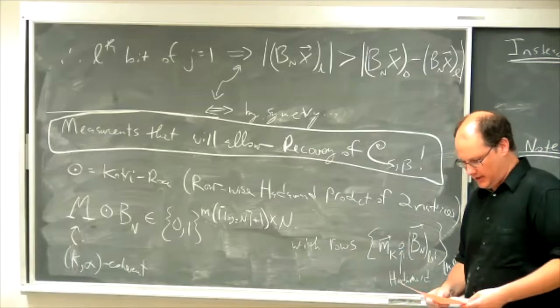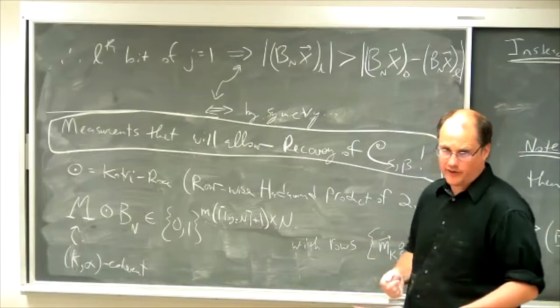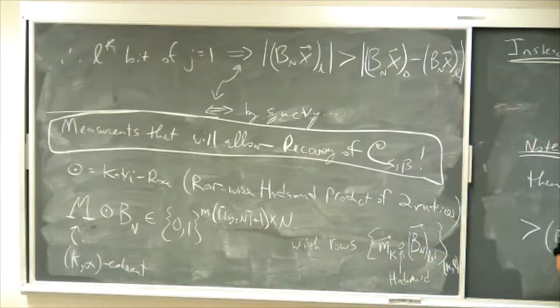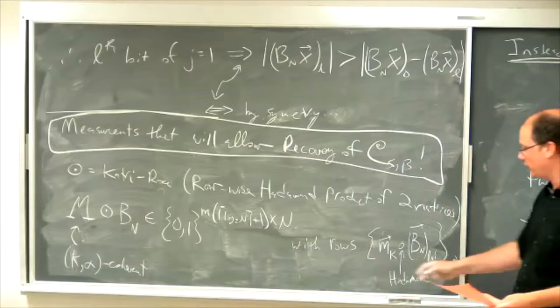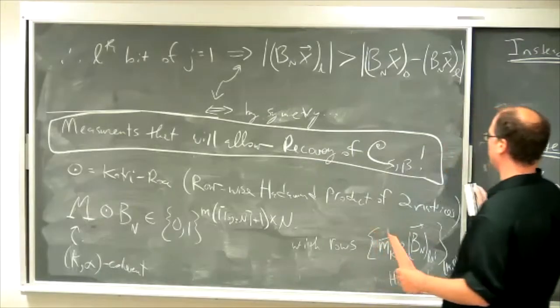So these are the actual measurements which are going to allow heavy entry identification. And the next thing you should ask is why, and it's for a really easy reason.